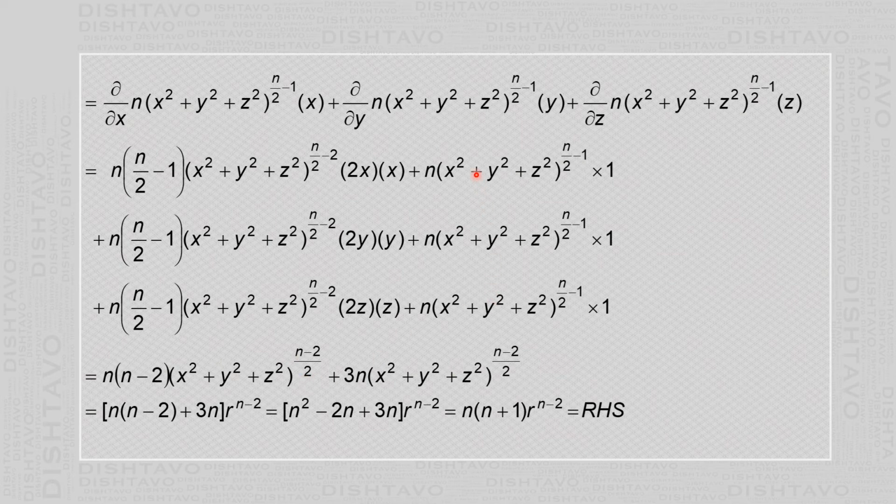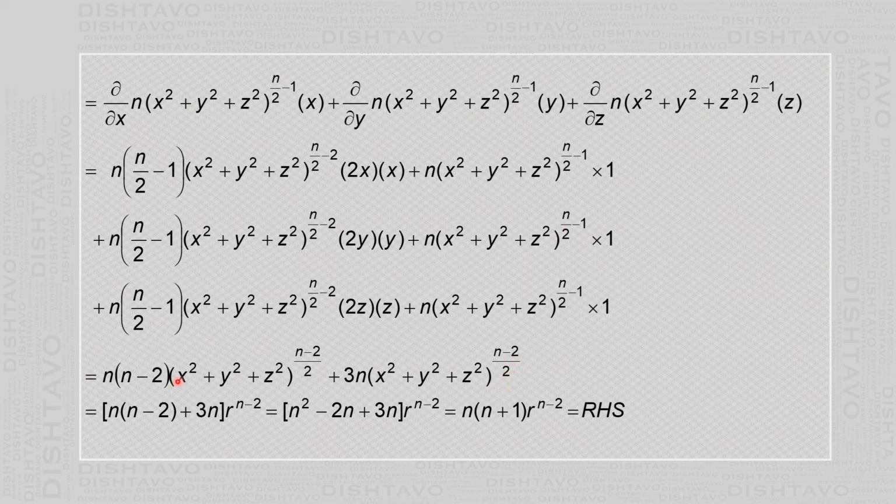Now the second term of each of these is equal, so it becomes thrice: thrice n into x square plus y square plus z square raised to n by 2 minus 1, which is written as n minus 2 divided by 2.